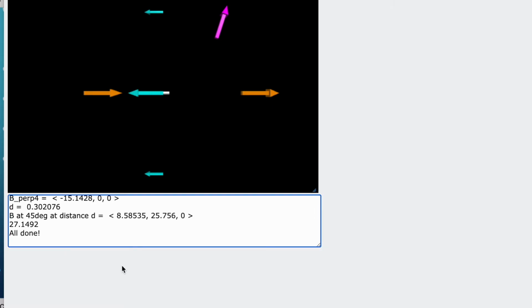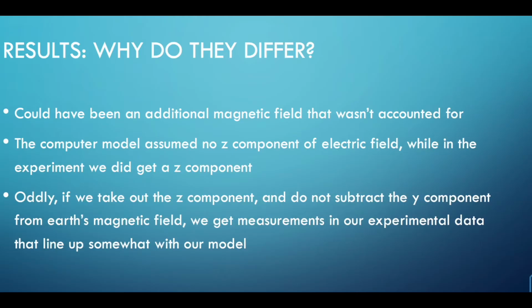When we look at the location off-axis from the magnetic dipole, we see that the total magnetic field is about 27.15 microteslas. So now we ask the question, why does our calculation of the magnetic field in the experiment differ from the calculation done in our model? Well, there's a couple different factors that could have caused this.